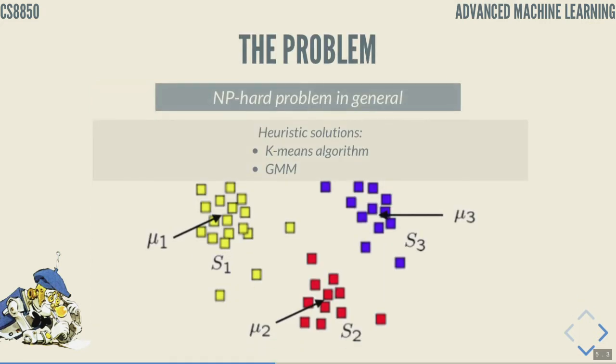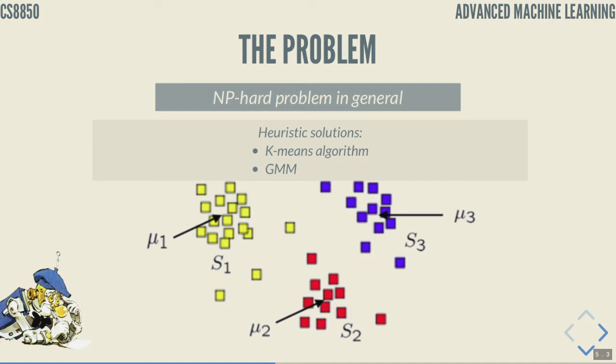Seems easy, but in general, this is an NP-hard problem. It's a combinatorial problem because you can have multiple assignments, like multiple subsets, and it's a discrete combinatorial problem.